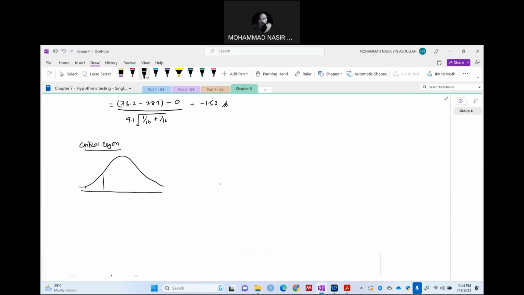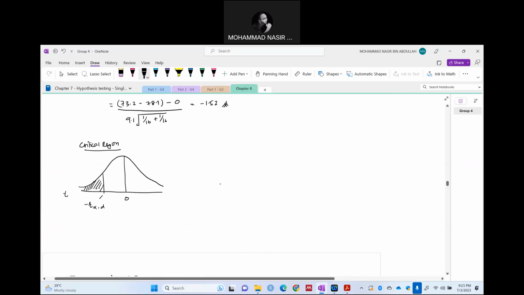Should be on the left. So this is 0, and the value here is negative T alpha with degrees of freedom. This is the rejection region, and this is the acceptance region.